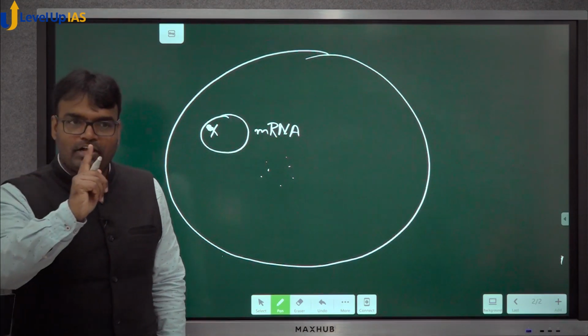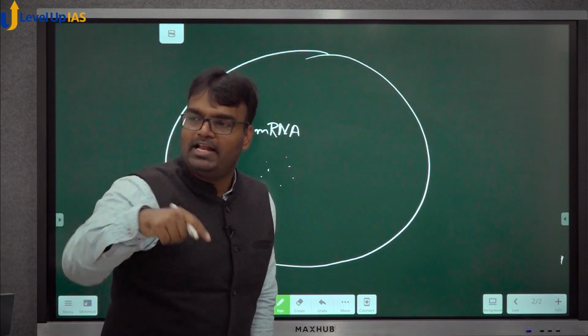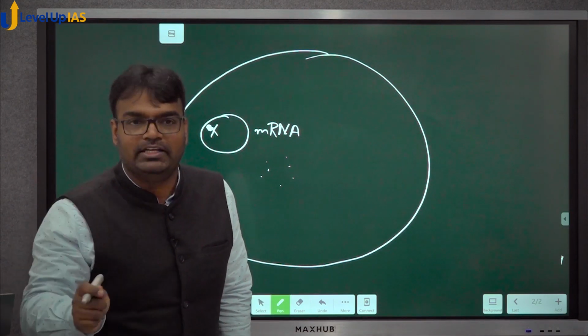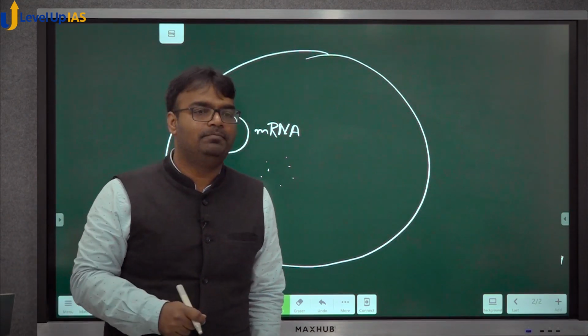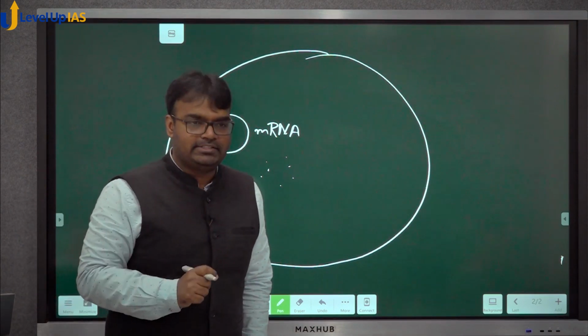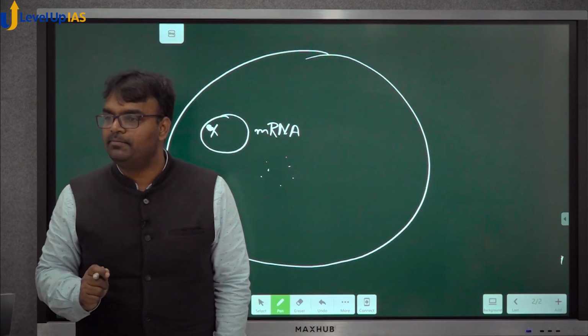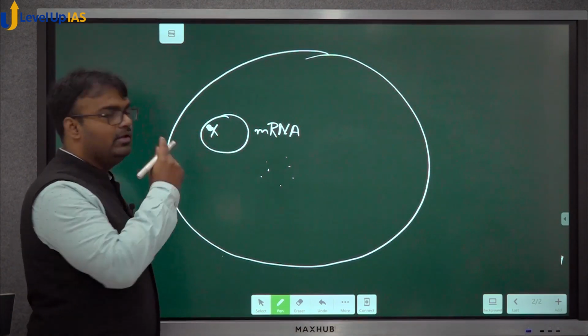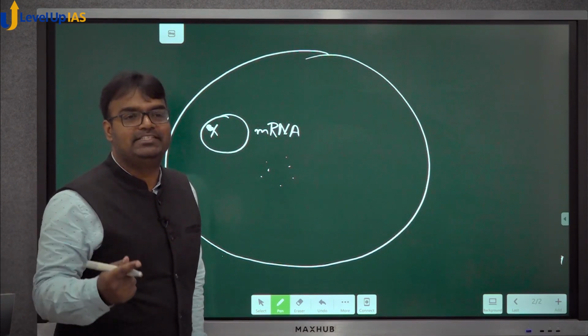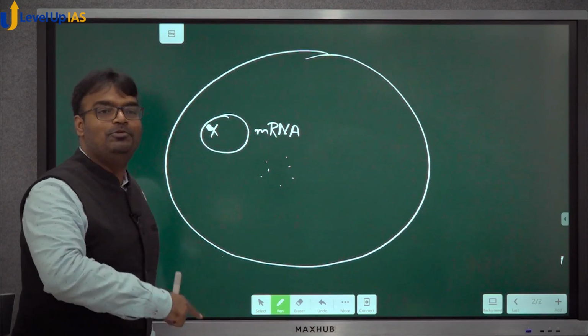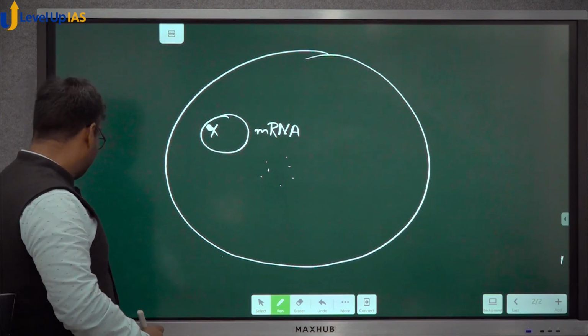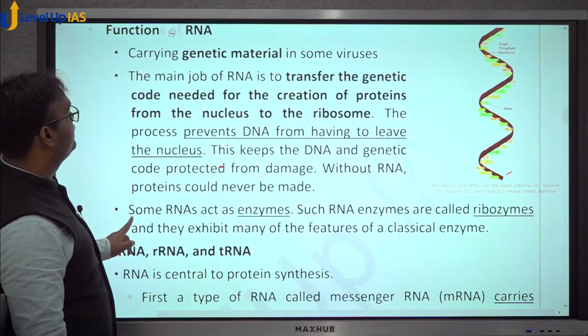So one function of RNA, in some living organisms, they are acting as the genetic material, they are storing the genetic material in viruses, in some RNA viruses. Here, they are acting as messenger, they are bringing information from nucleus to ribosomes. Come back, this is what we have discussed here.